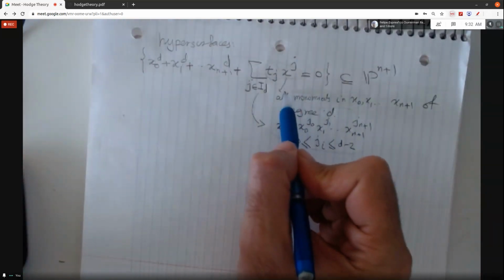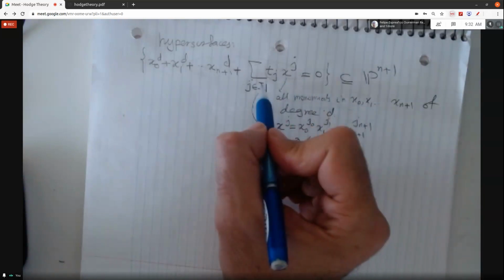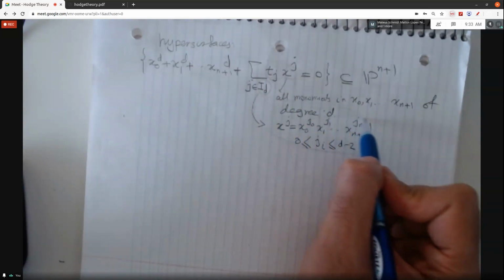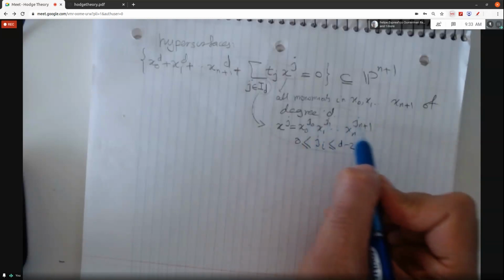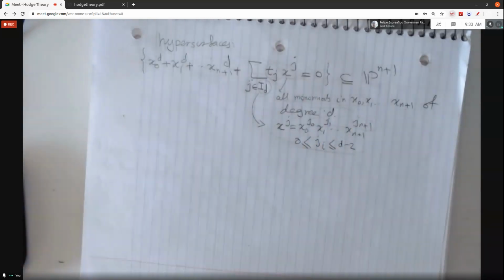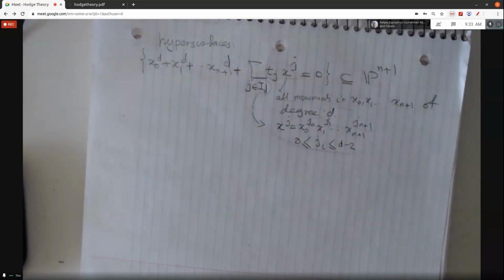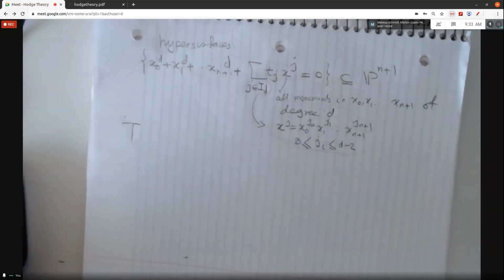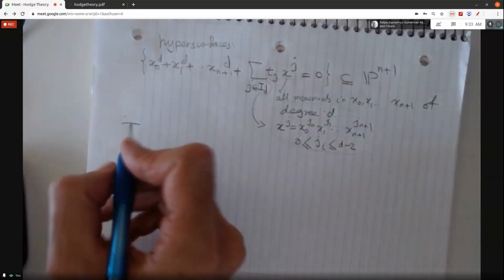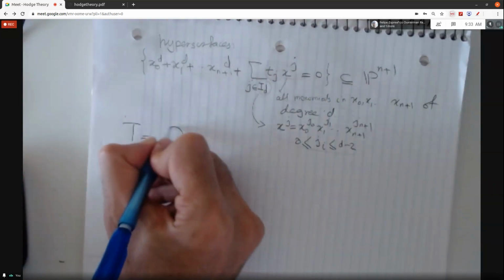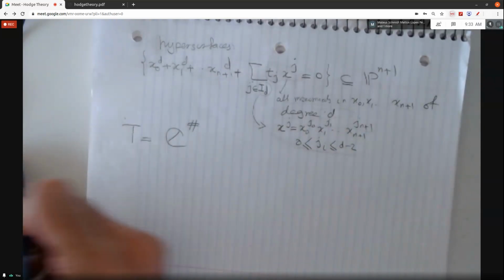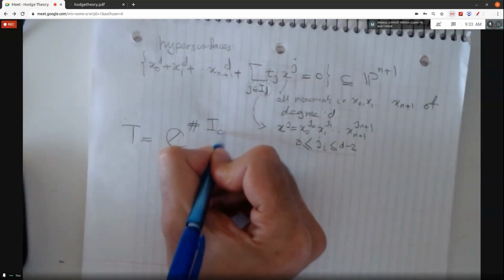Anyway, the general context is all monomials, but I will take this set of indices G0, G1, such that the Gi are between 0 and d minus 1. You see that here I have my T. My T is basically C to the number of these indices.